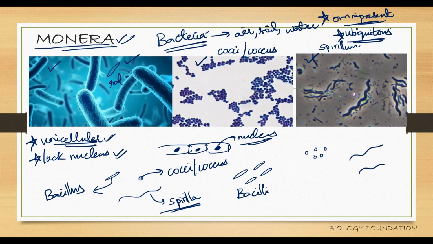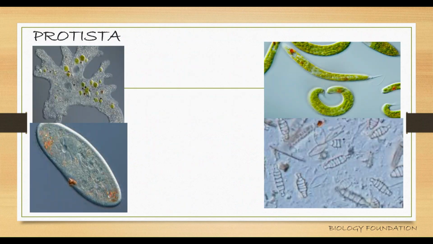Is it clear? Now, the next kingdom is Protista. Why did he create a kingdom known as Protista? Now, Protista also includes unicellular organisms. That means these organisms are made up of a single cell. Then they could have been placed with bacteria only. No, why did he create a separate kingdom?